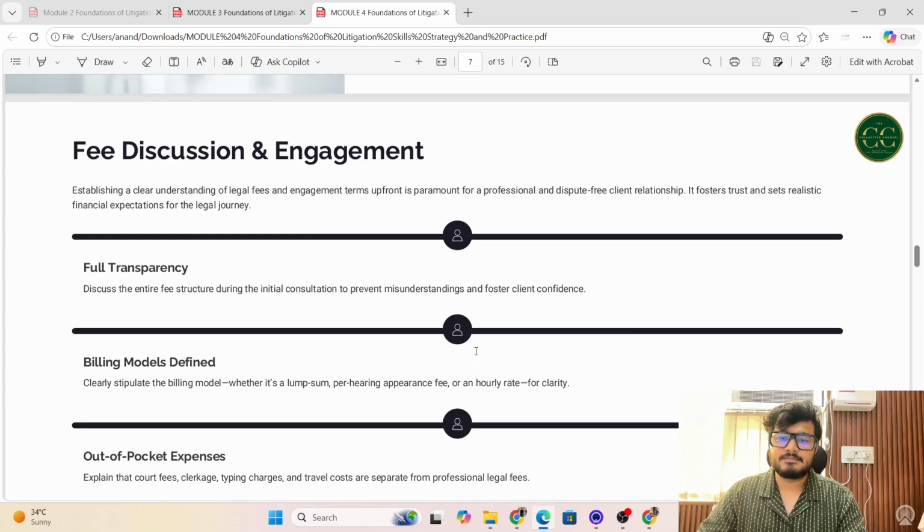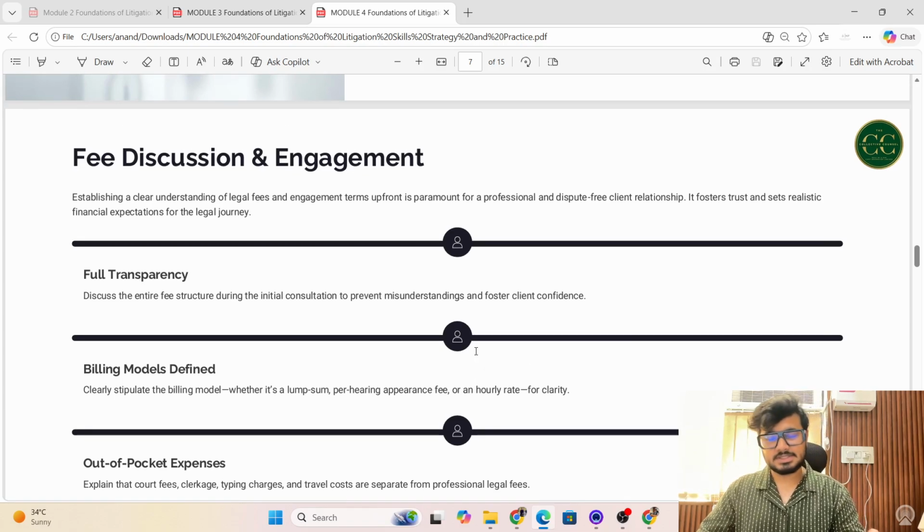Fee discussion and engagement. See, it depends on the advocate what fees they are quoting, right? But for me, it is important that full transparency should be there. There shall be no hidden charges. You should tell your clients that this much amount is for the drafting. After the drafting, whenever there are appearances, I'll charge separately for the appearances.